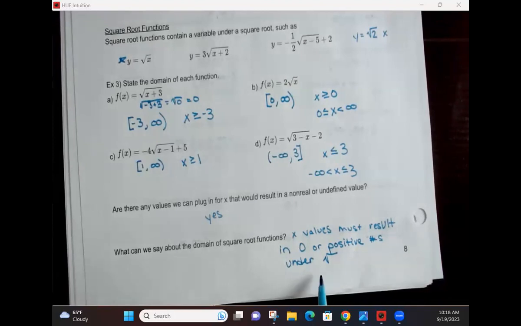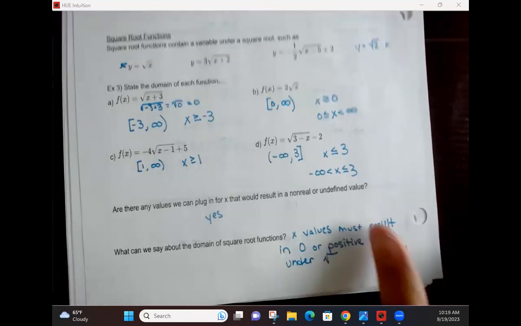Keep in mind that we talked specifically about square roots here, not about cube roots. Cube roots are kind of their own thing, because it would be okay to take the cube root of a negative, but for square roots or any even root, I would need to have 0 or a positive number under the root.